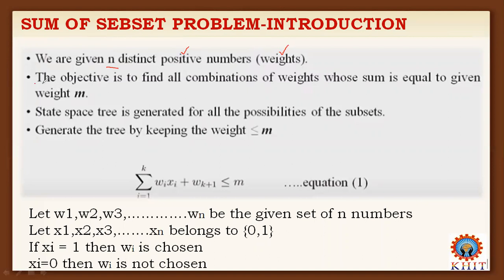The main objective of the sum of subset problem is to find all combinations of weights, that means the sum of wi xi, whose sum is equal to m.